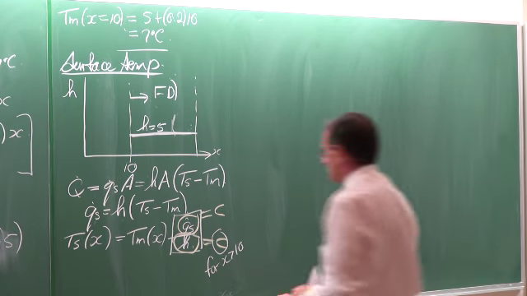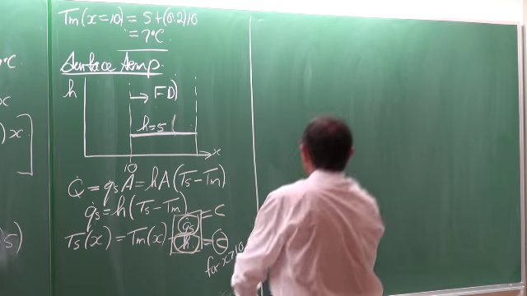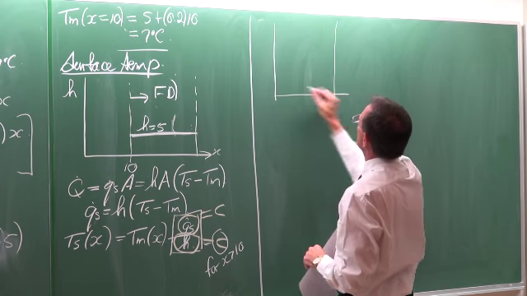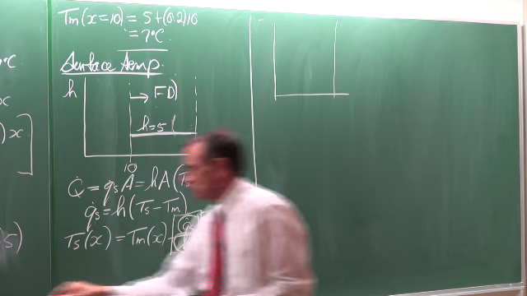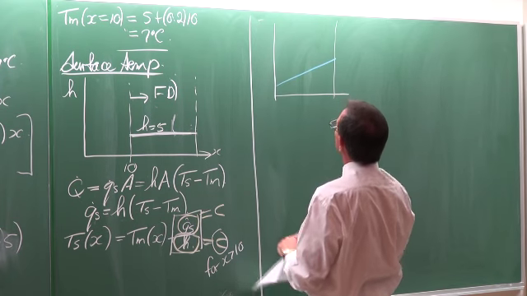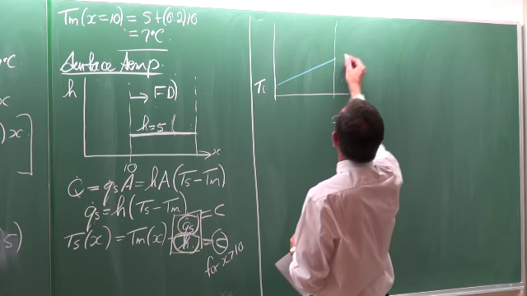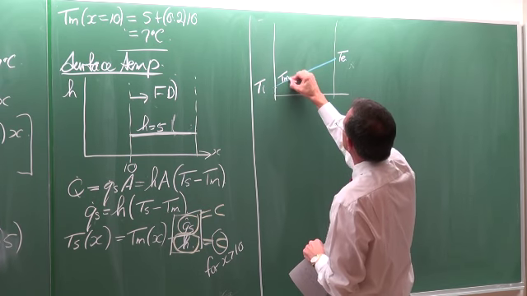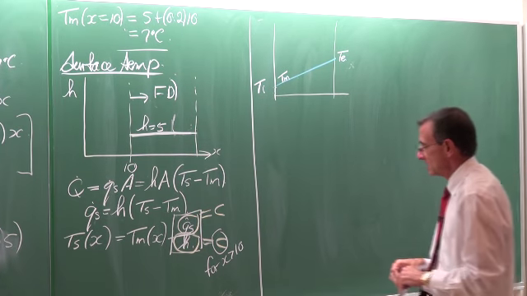So it's therefore very simple that if we look at our graph again of the inlet temperature and the outlet temperature, Ti and Te, that is the mean temperature of the fluid.